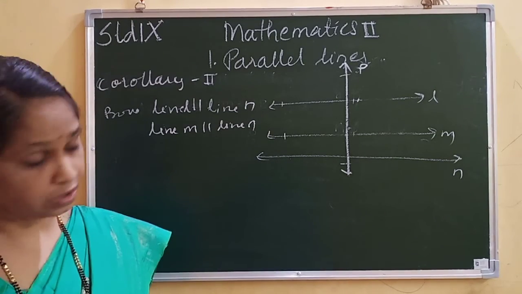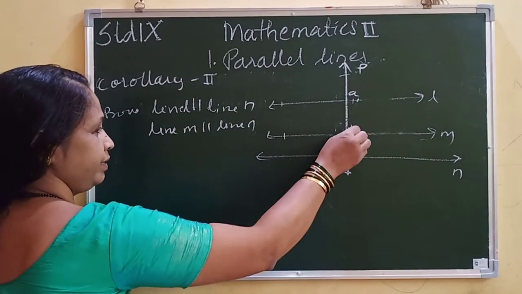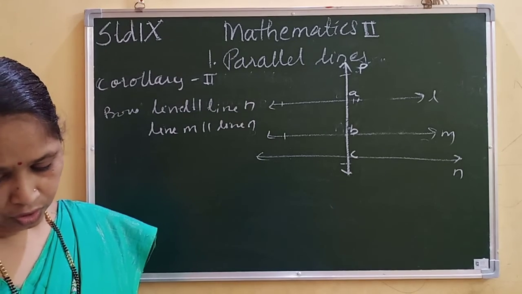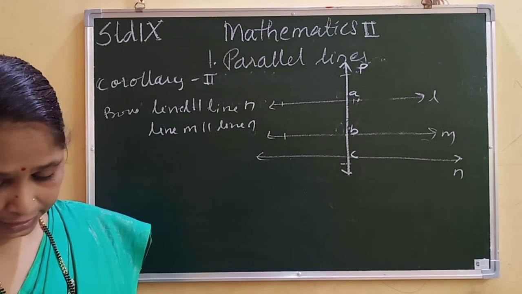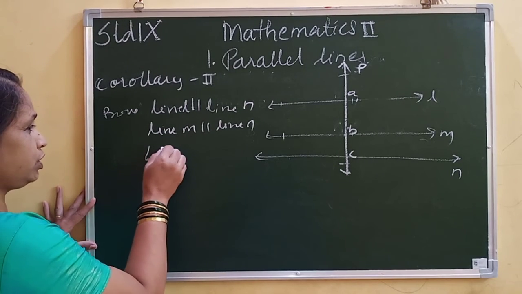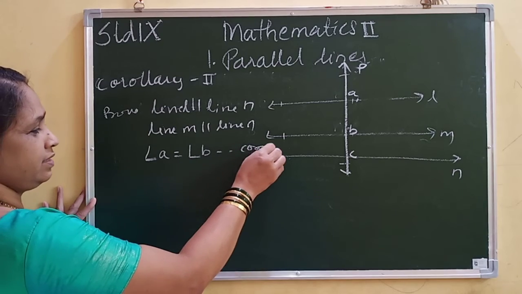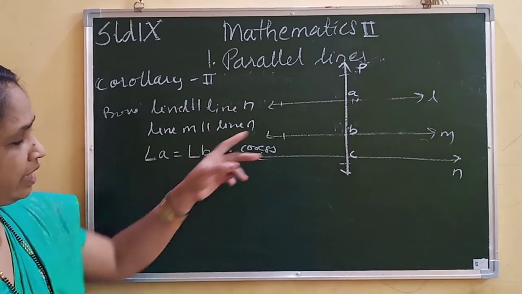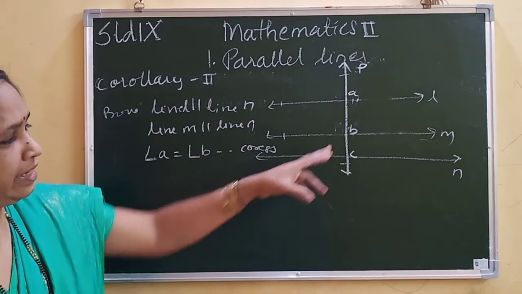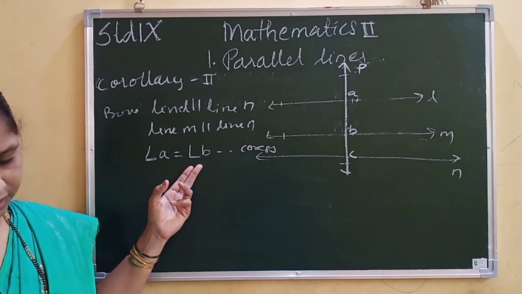So for that, we consider these three angles A, B and C on transversal P. When lines L and M are cut by transversal P, angles A and B are equal as they are corresponding angles.